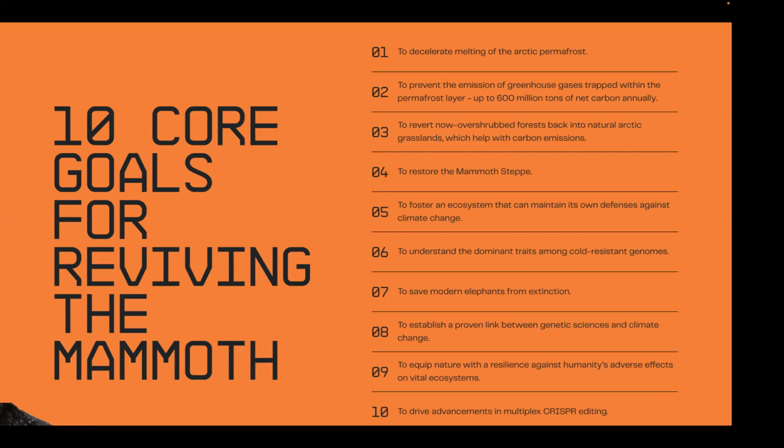I have a question, Charles, which I'm not sure how to express, and it has to do with, not to sound all granola or anything, the ethics of this. For example, do they plan to bring back just one mammoth?